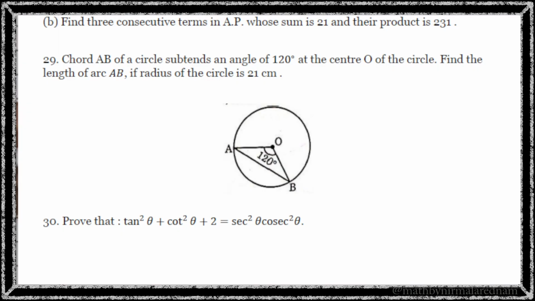Right. Next question. Prove that tan square theta plus cot square theta plus 2 is equal to secant square theta cosecant square theta. This is from trigonometry.